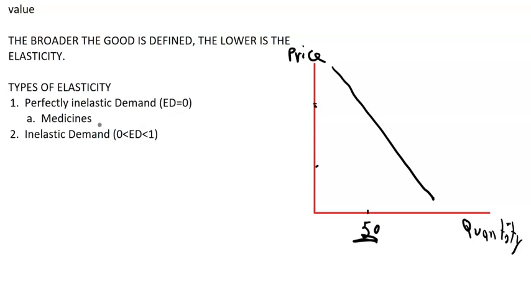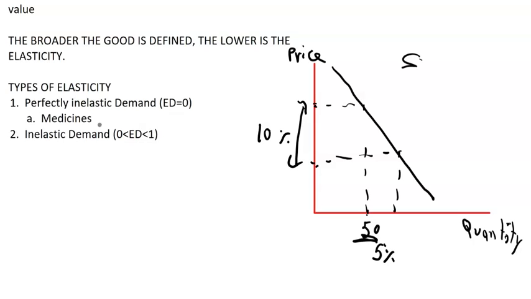What it means is that whatever the percentage change in price, the percentage change in quantity will be less than that. So if price changes by, let's say, 10%, quantity will change by 5%. So my elasticity of demand here would be 5% divided by 10%, which is 0.5.